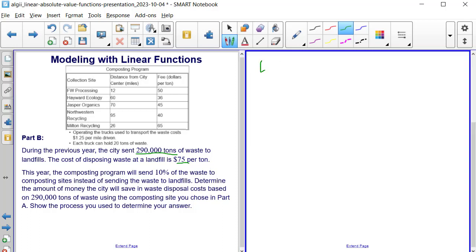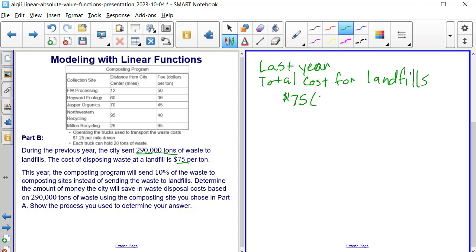Therefore, last year, the total cost for landfills was $75 per ton times 290,000 tons. And if we multiply these together, we end up getting $21,750,000.